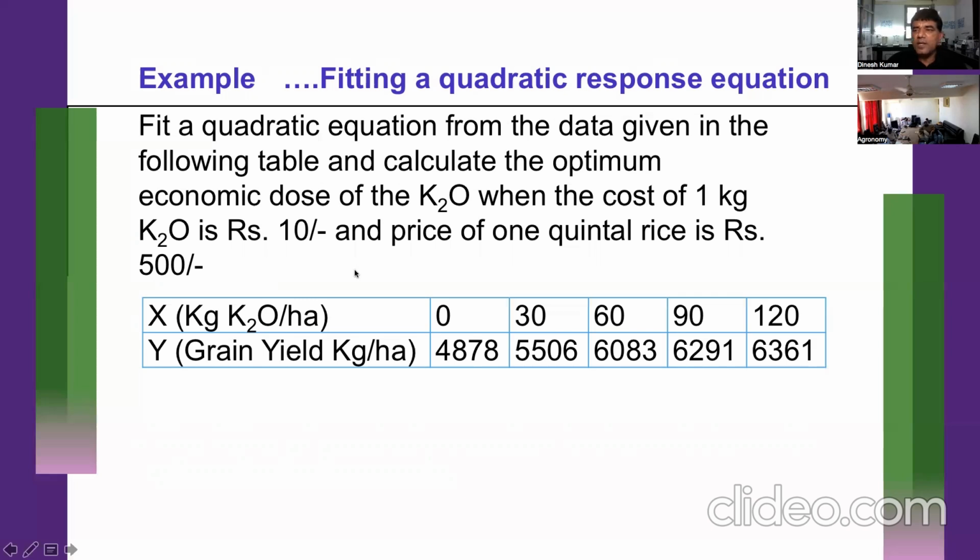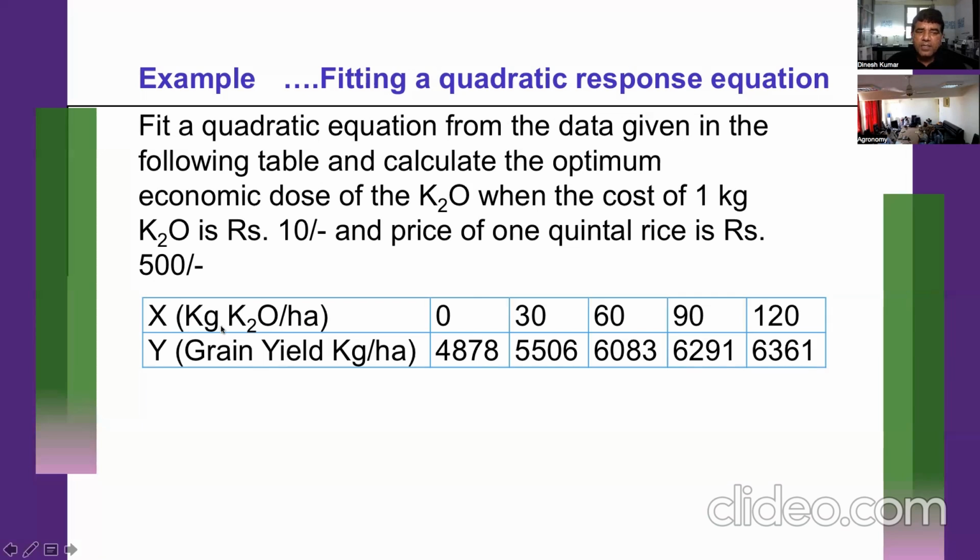So in this case, there are 2-3 problems. First, we need to fit the data to find the quadratic equation, then test it for linearity, go for correlation and regression analysis, and then from this equation, you need to apply some economic principles.